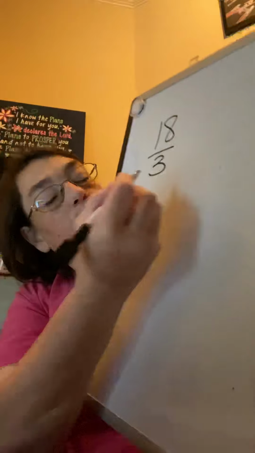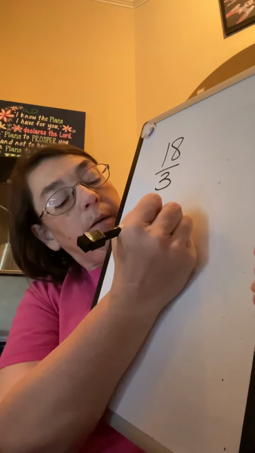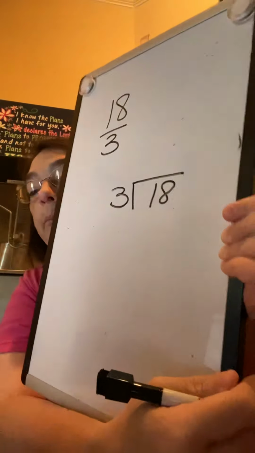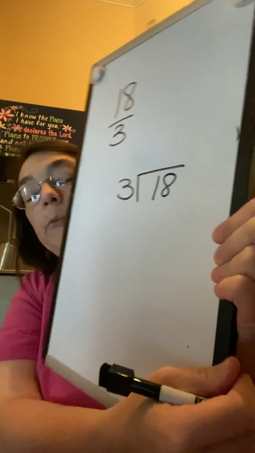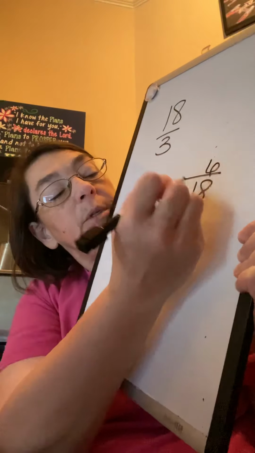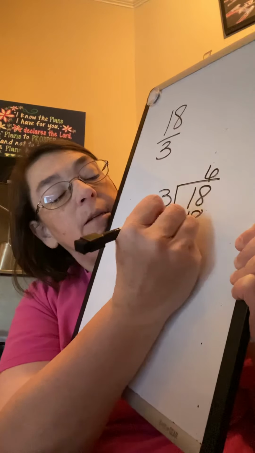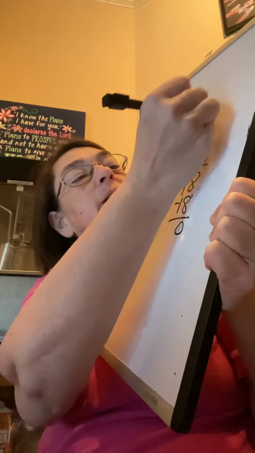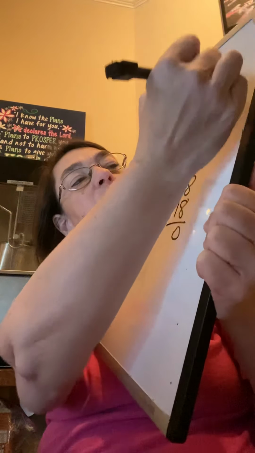All right, so I do 3 divided into 18. 3 goes into 18 6 times. 6 times 3 is 18. I get a remainder of 0. So my whole number is the 6. My fraction would be the remainder, which is 0, over the denominator.